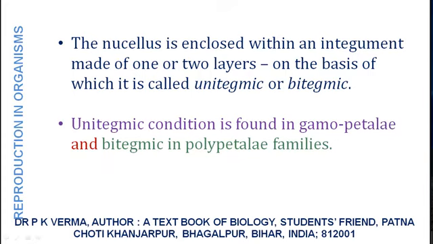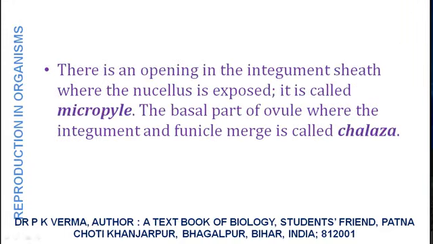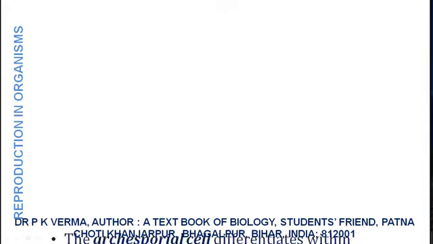Unitegmic condition is found in gamopetalous flowers, whereas bitegmic condition is found in polypetalous flowers. There is an opening of integument sheath where the nucellus is exposed. It forms a mouth-like structure that is micropyle, and the basal part is chalaza where the funicle is attached.